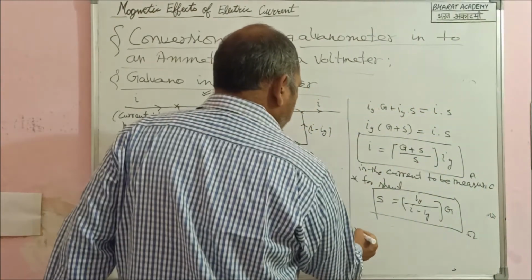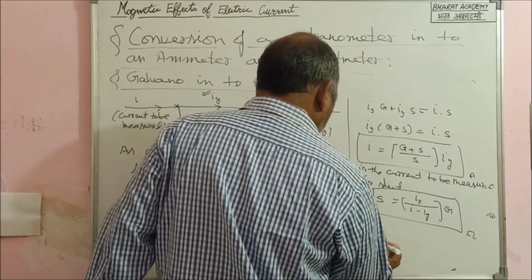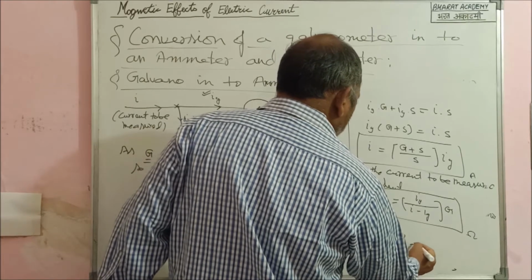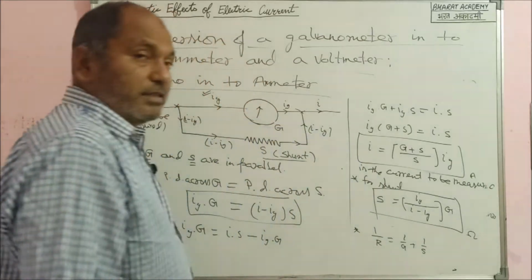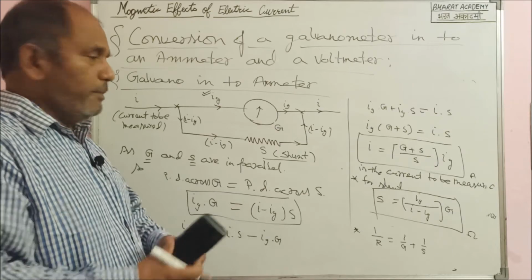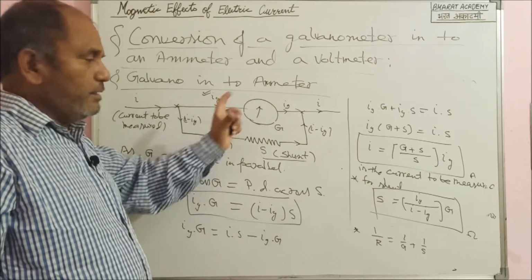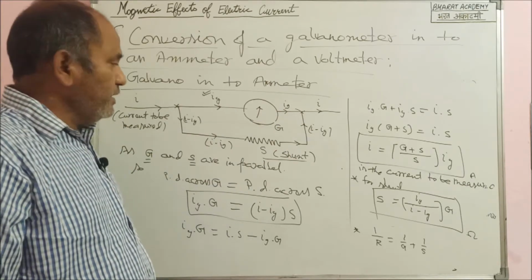What will be the resultant resistance, the total resistance? 1 upon R will be 1 upon G plus 1 upon S. That will give you the effective resistance of the circuit. So that's how we do it. No miracle is happening. We are not changing this G into A. We are simply making some mathematical adjustment and we can very easily read the current, right?